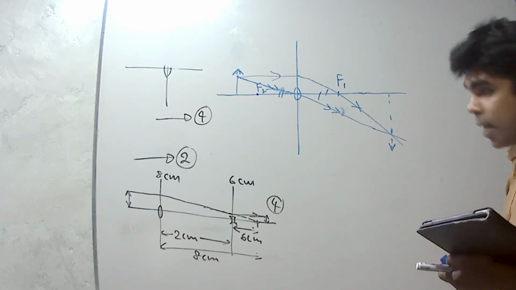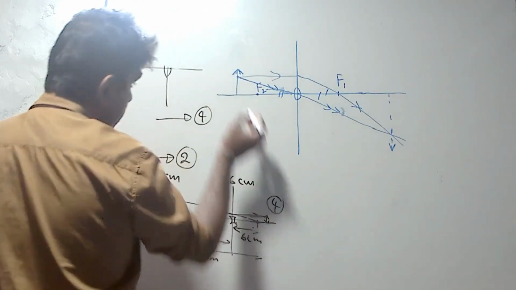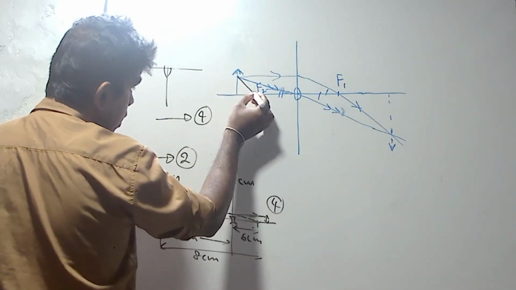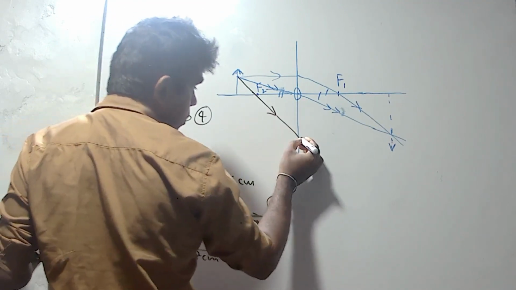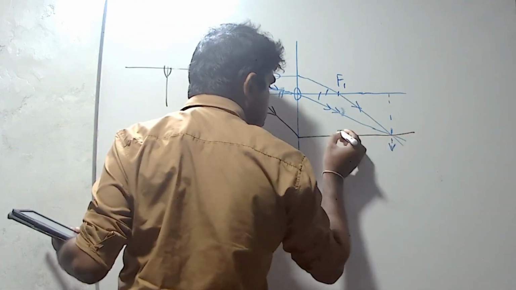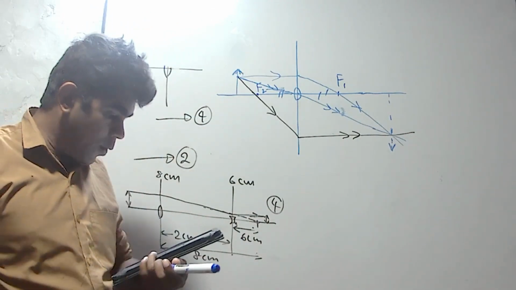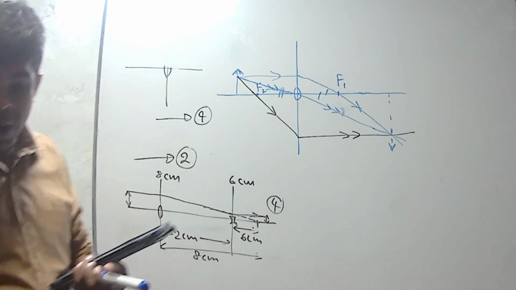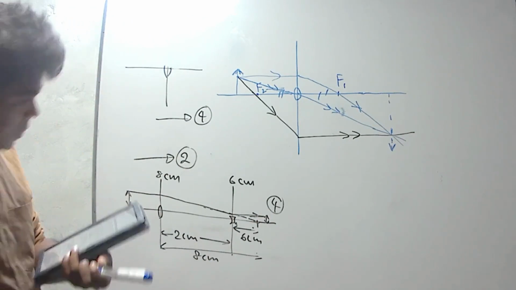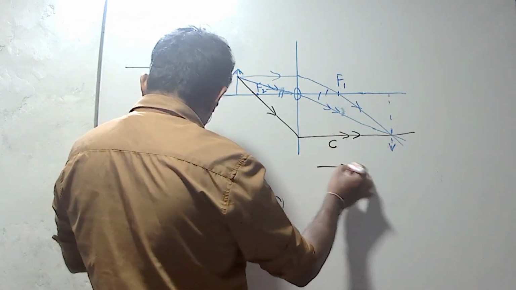Then we can get the given ray. It is passing a point like this, and also moving to this point. Therefore, we can get an approximate answer. C is the correct path. Then the answer is C.